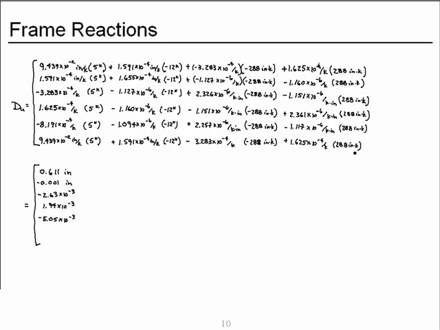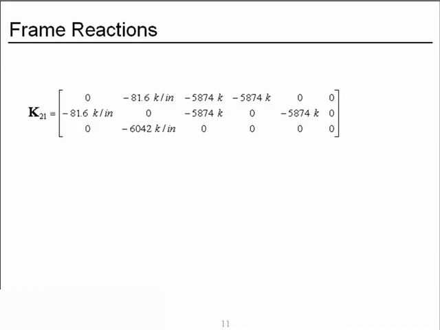And if this looks familiar, it's because it's exactly what we had for degree of freedom 1. So again, we get 0.611 inches. And so these are our calculated displacements for degrees of freedom 1 through 6.